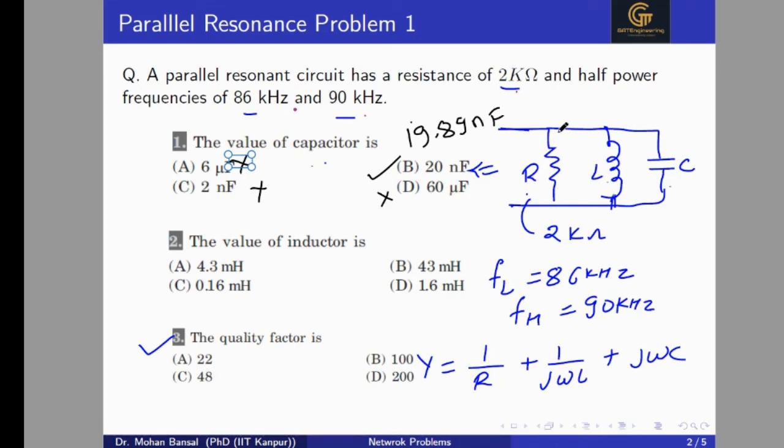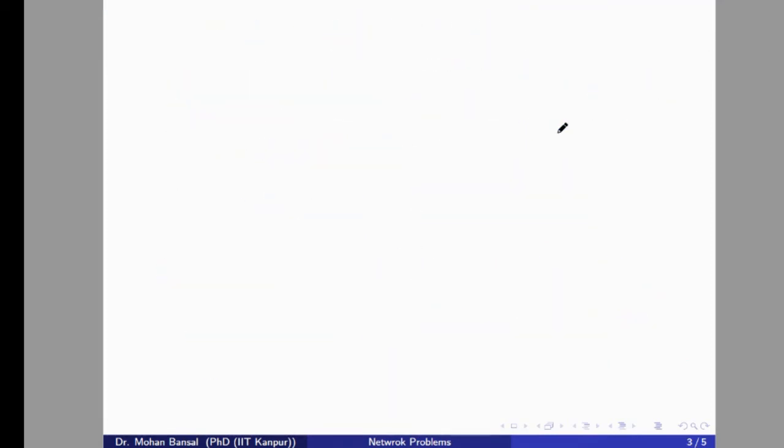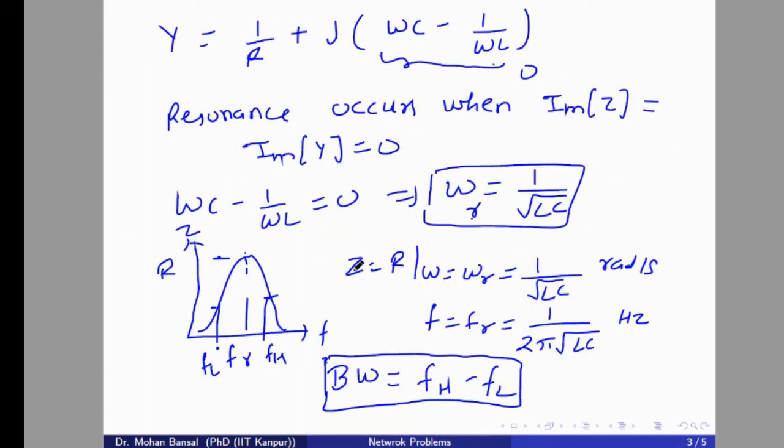Now we find out the value of the inductor. So far we have information about R and C. We know the value of bandwidth, and we have to compute the inductor. So let's see what relation we can use.